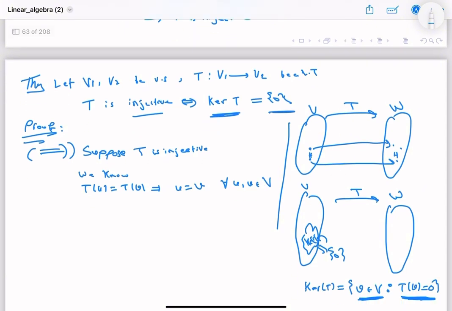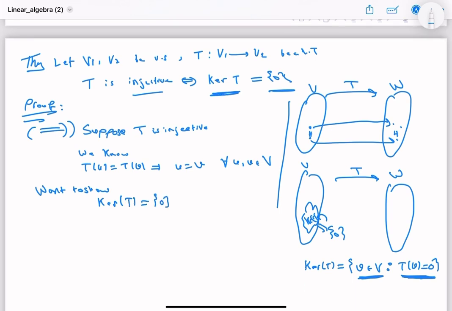So what we want to show is that the kernel of T is equal to the 0 set. Now this direction is clear. So we know that the singleton 0 is a subset of the kernel.